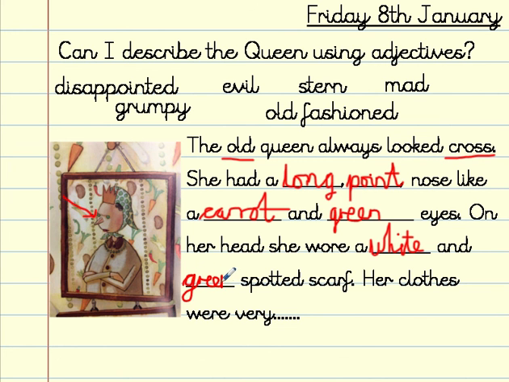Then you might want to describe not just what she looks like on the outside, but perhaps what she's like on the inside. What type of person is she? I might say, The Queen was always in a bad mood and was very grumpy with all of her subjects and her servants.